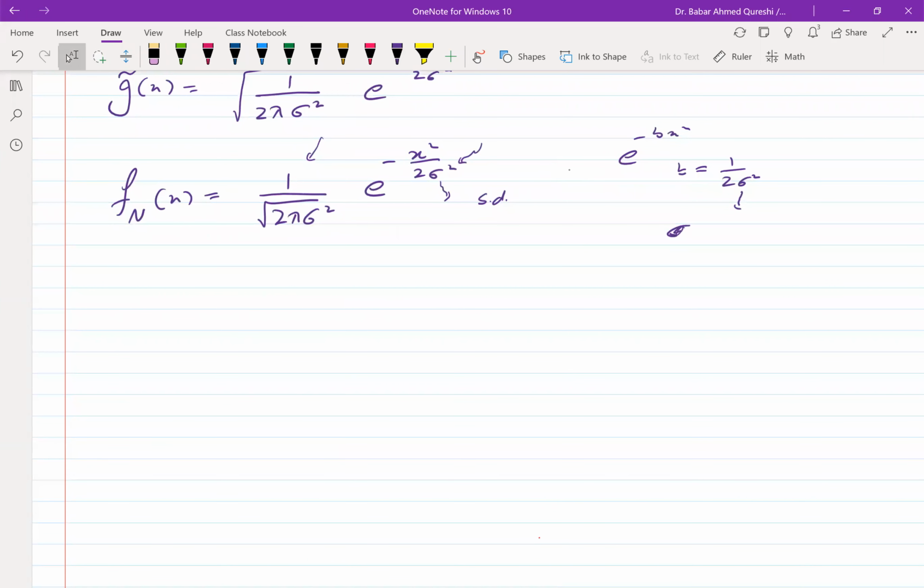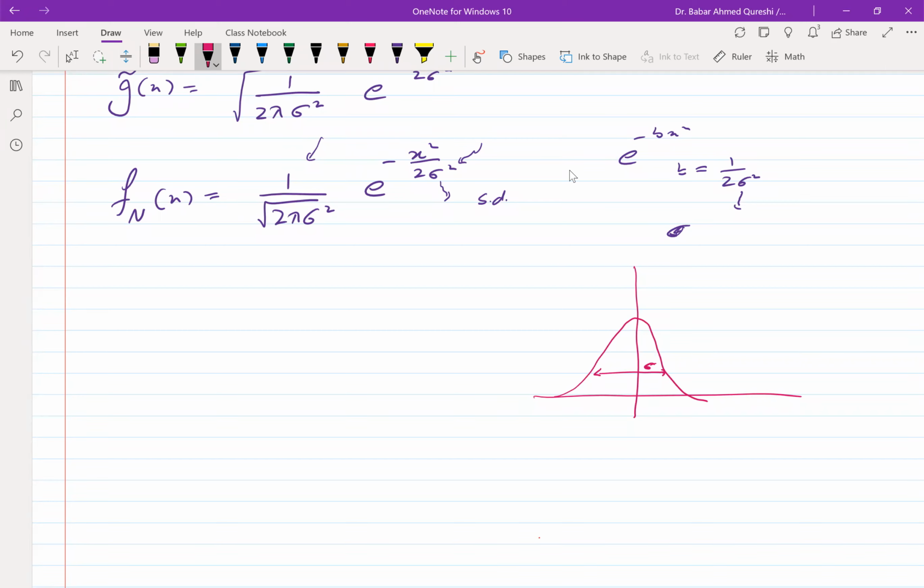Also, you can change the mean. Right now, it's like this, and this sigma tells you what's the standard deviation on one side.